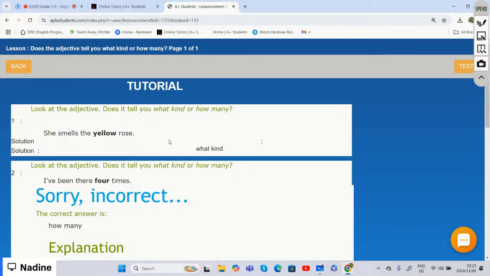All right. So if we look at that sentence, she smells the yellow rose. Yellow, does that tell us what kind or does it tell us how many? Yellow rose.